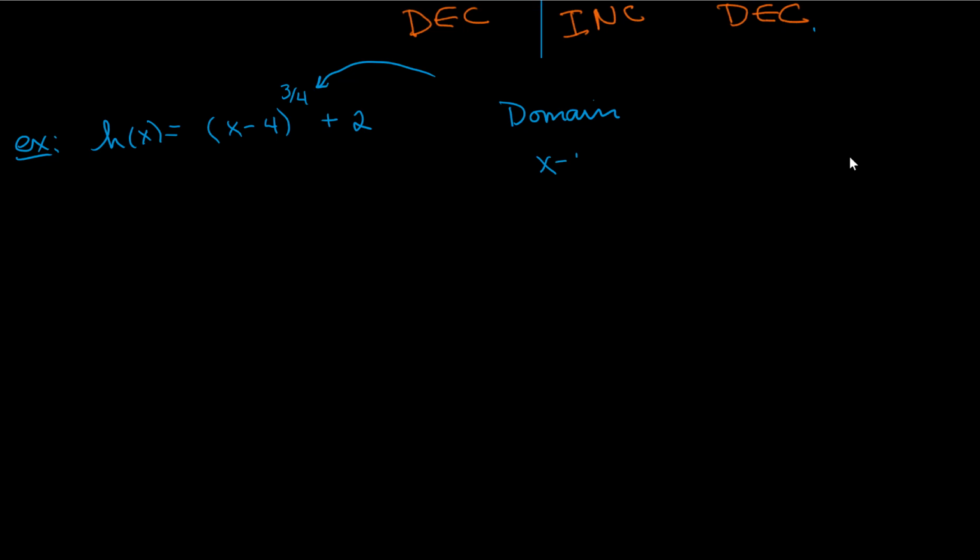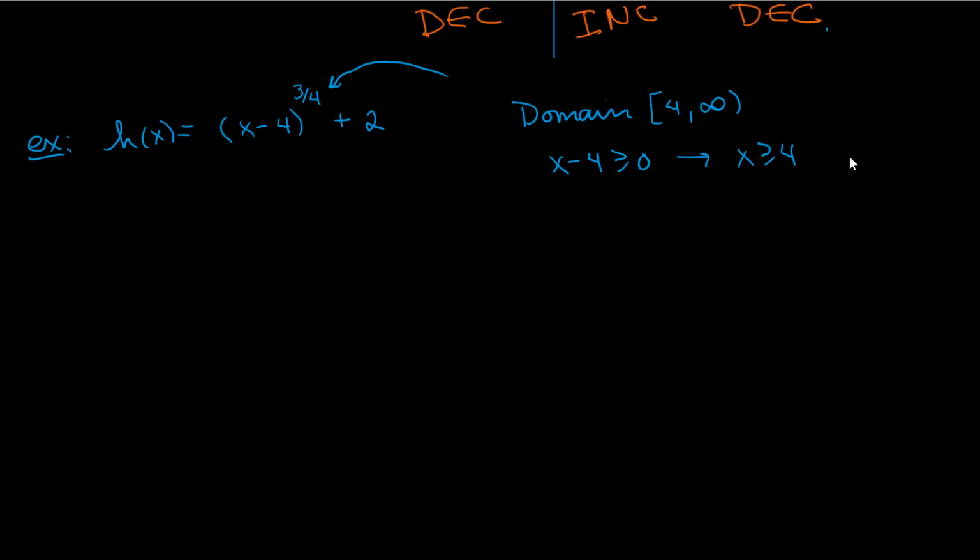This x minus 4 has to be greater than or equal to 0, which means x has to be greater than or equal to 4. So our domain is going to be from 4 to infinity. Does that make sense? So we've got to watch our domains. That's why we did that stuff back in our reviews section.